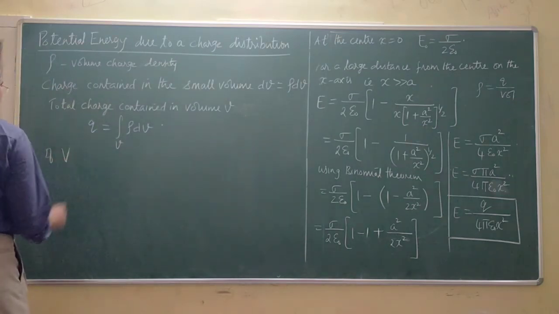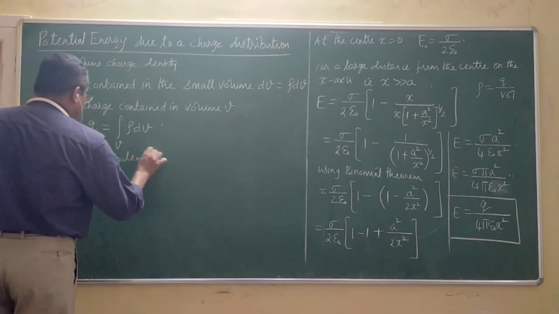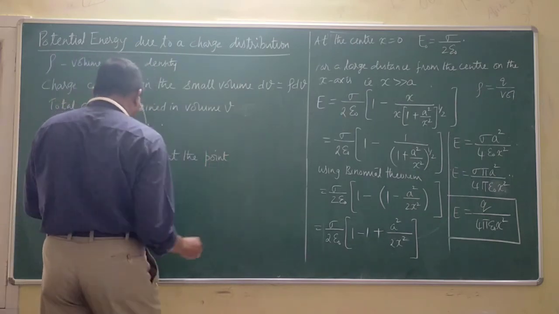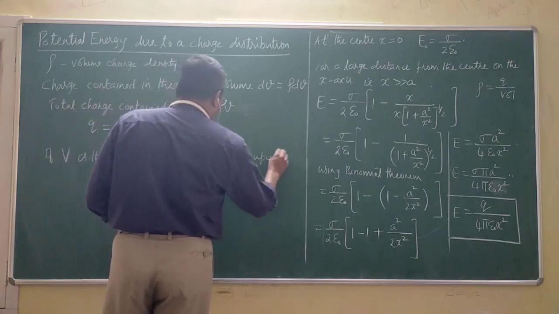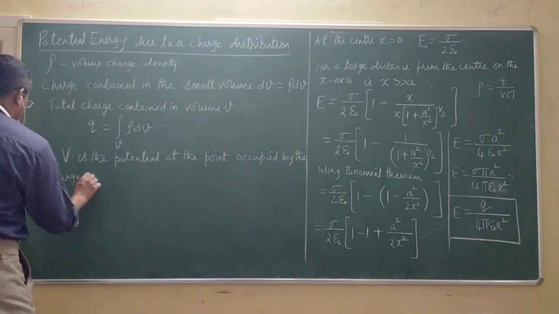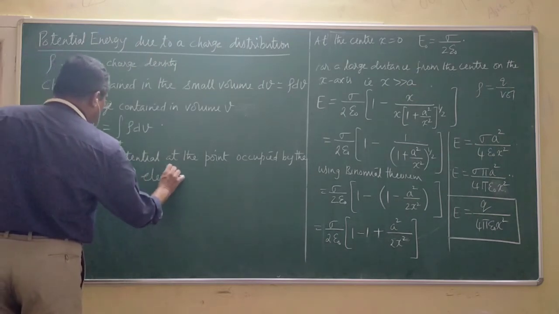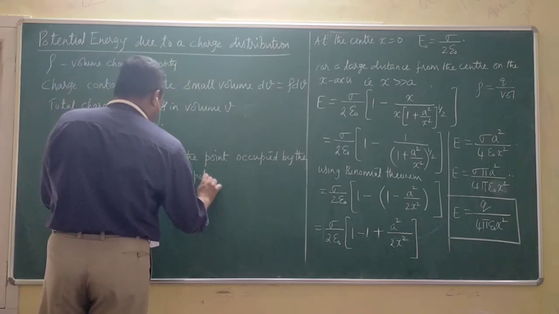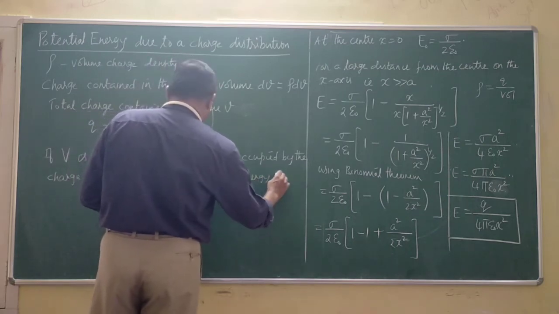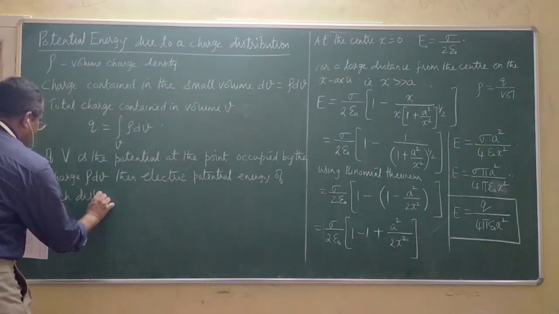If capital V is the potential at the point occupied by the charge rho dV, then electric potential energy of such a distribution.